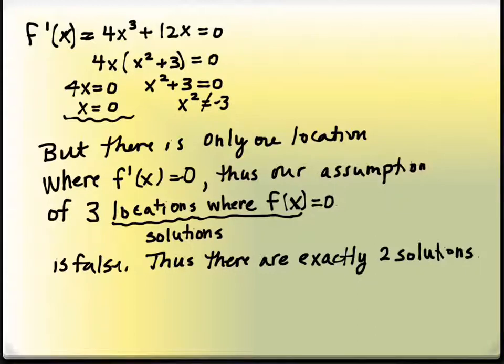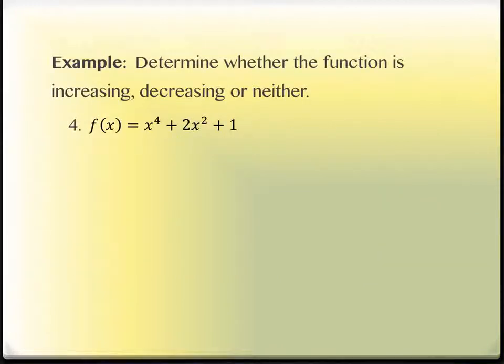Okay? All right, I think there's one more example. This example we're going to do briefly. It's almost like a foreshadowing of Chapter 3, because what we're going to do in this example shows a lot of what's going to happen in Chapter 3. This question asks us to determine whether the function is increasing, decreasing, or neither.